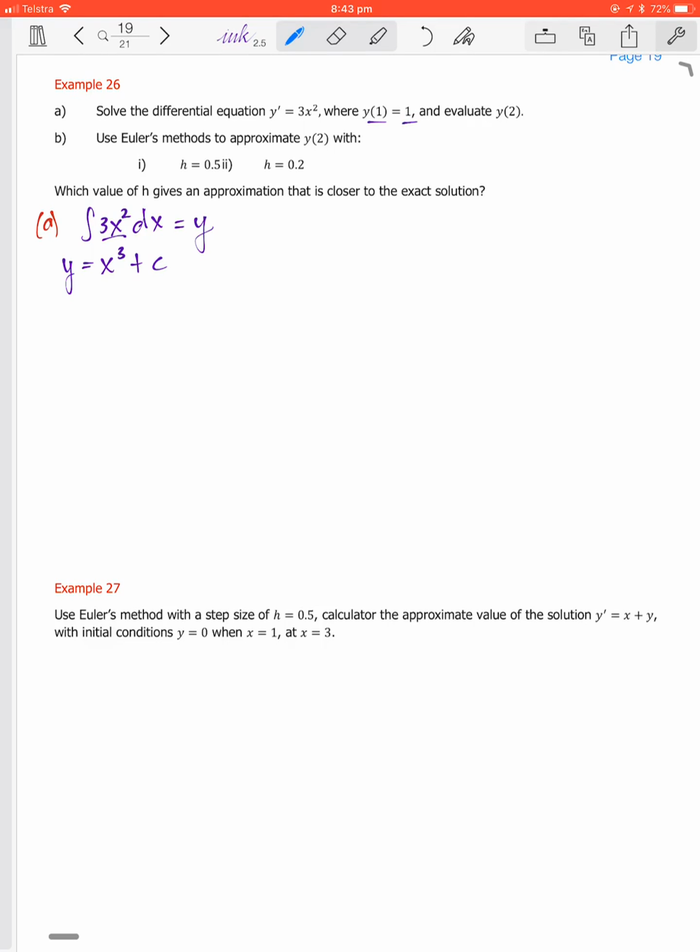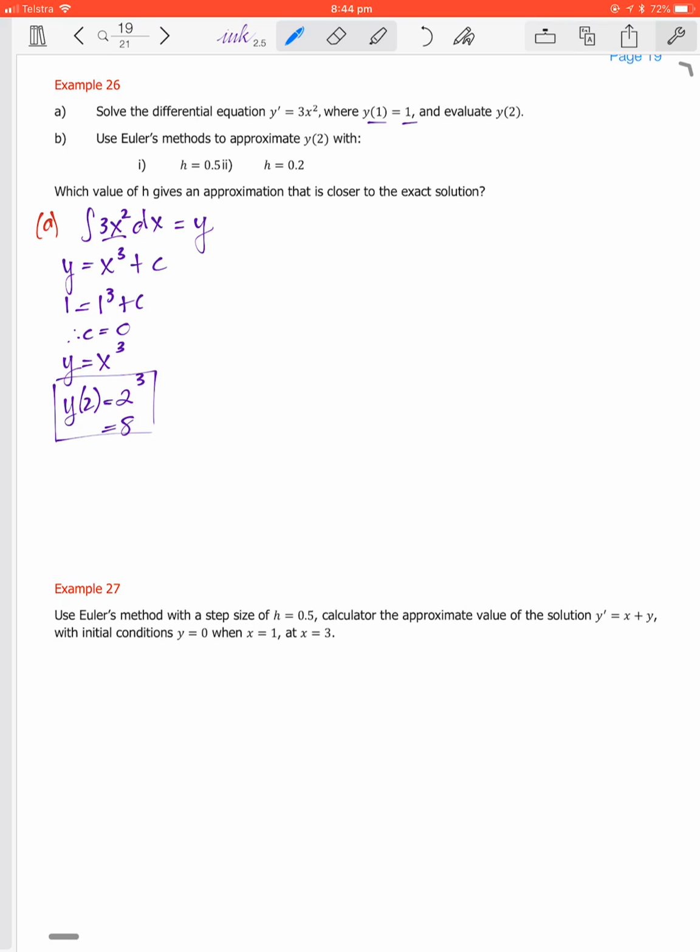And we know y(1) equals 1, so we get 1 equals 1 cubed plus c. So c is equal to 0. So our original function is y equals x cubed, and we want to evaluate y(2). So y(2) is 2 cubed, which is 8. So because we could integrate the function, we could actually find what the exact value y(2) is.